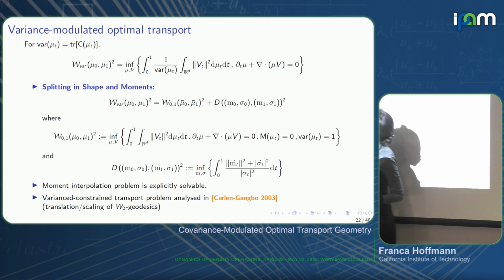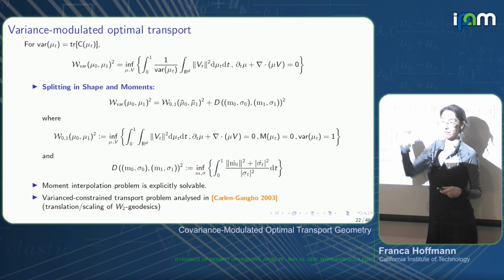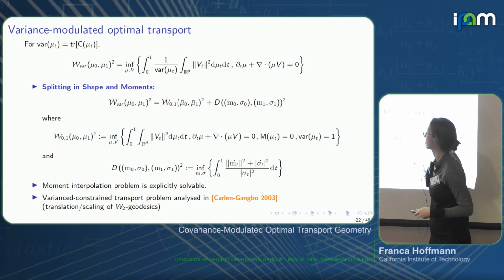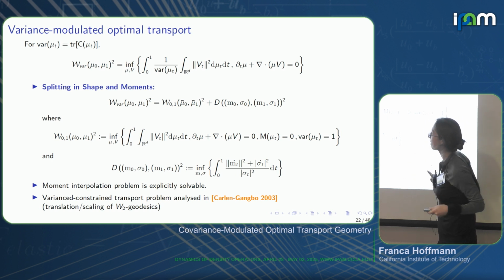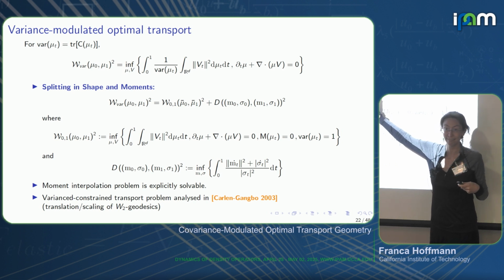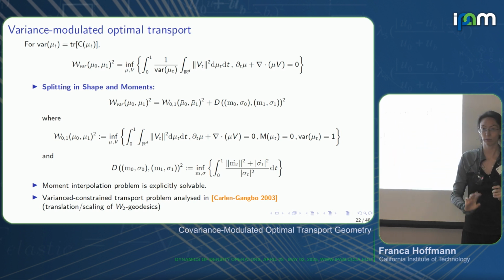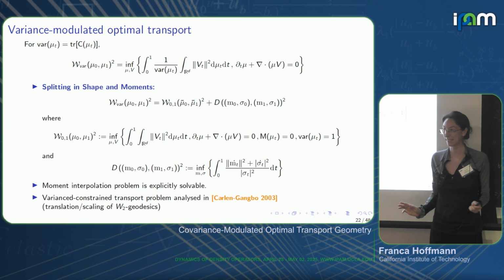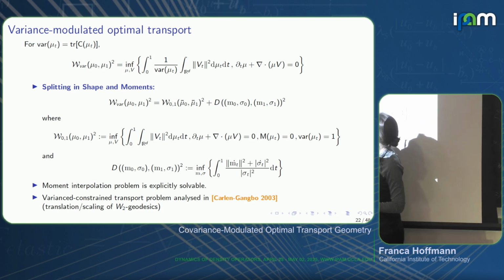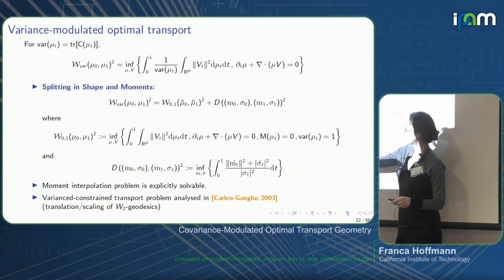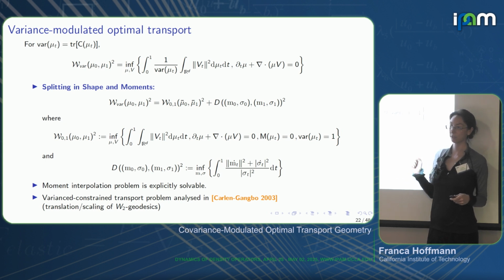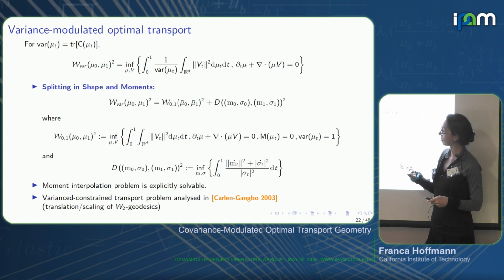So you have 1 over variance instead of C to the minus 1, right? And since it's a scalar, you can pull it out. And then you can do exactly the same argument. You get a splitting. Now, because it's all scalars, there's no rotations involved. It's an exact splitting. And then you get just the difference in moments, which is given by this very nice expression.